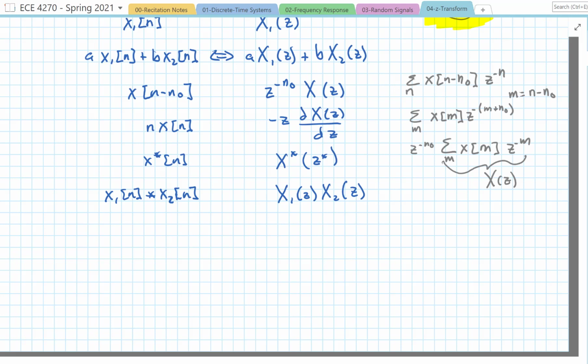So x1 convolved with x2 is going to be the sum over k, x1 of k times x2 of n minus k. And the Z-transform of that would be the sum over n, with z to the minus n stuck out front.